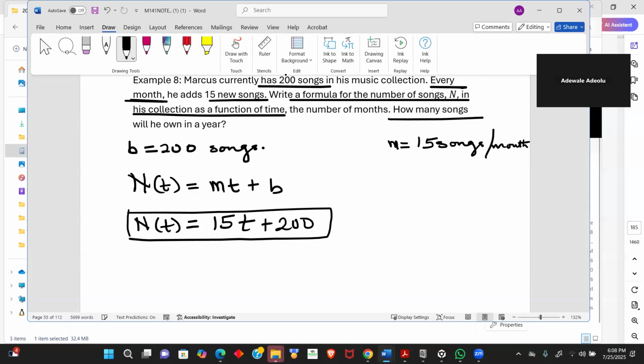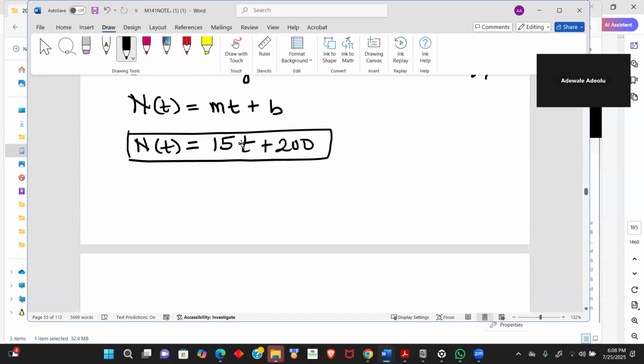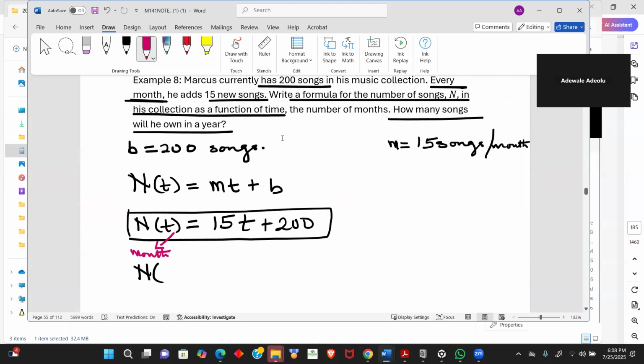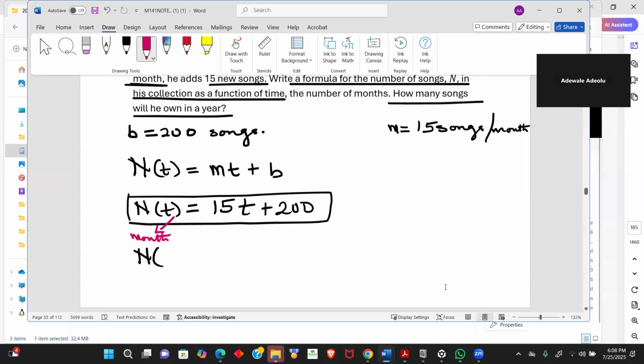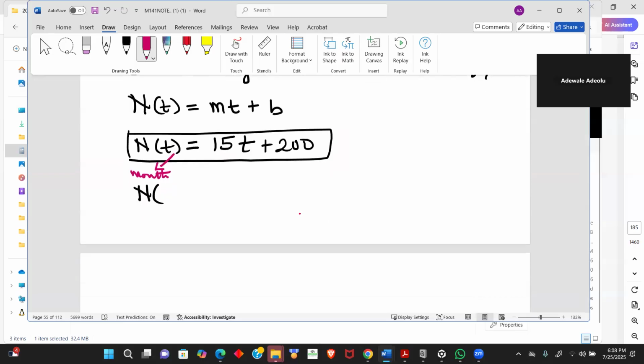The other part is asking how many songs will he own in a year? Just ask yourself, how many months do we have in a year? 12. So you won't use 1, because our time is measured in months. You need to convert this 1 year into months, which is 12. So that is n of 12 equals 15 times 12 plus 200.